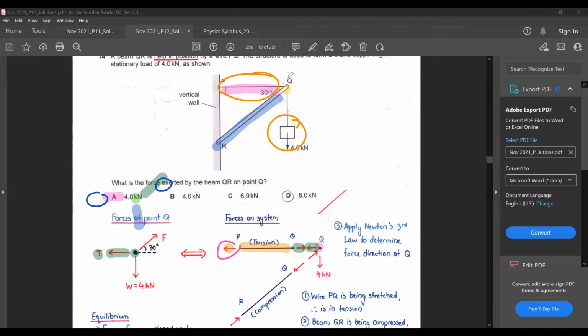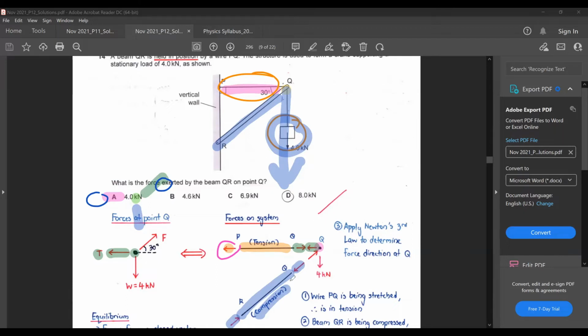And then for the force on beam QR, when you apply a load here, you're trying to pull the entire thing down, right? So this beam is actually being squashed. I mean, you try to put your pencil or ruler in a direction like this, and then you try to pull it down. The ruler or pencil is actually being squashed together, right? It's actually under compression. The beam QR here is under compression. So when the beam is under compression, the forces that act on it are these two forces like this.